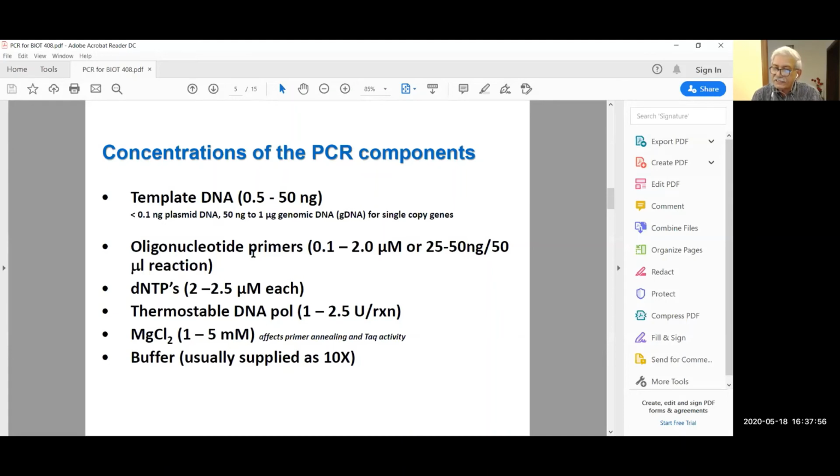If I add 146 microliter, what is the concentration of the primer per microliter? The total is 146 microgram. It is 1 microgram per microliter. That is our stock.